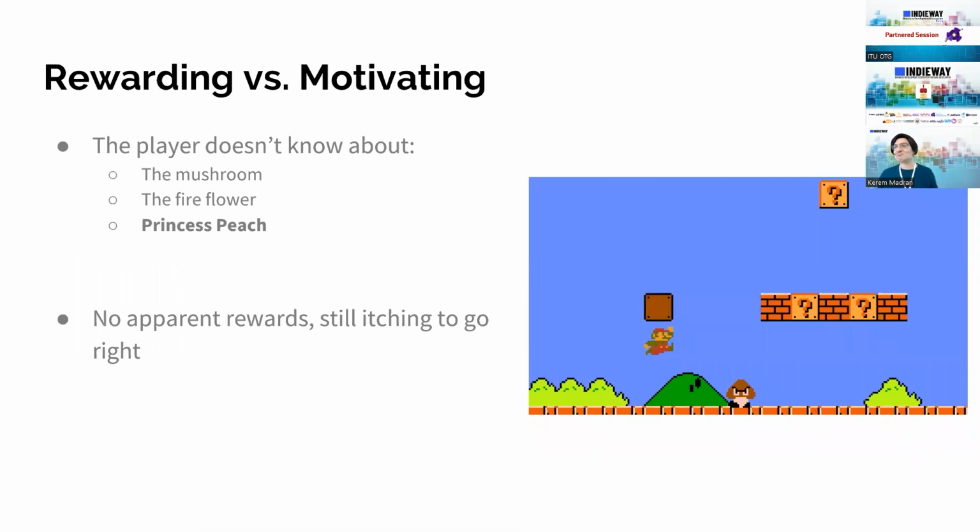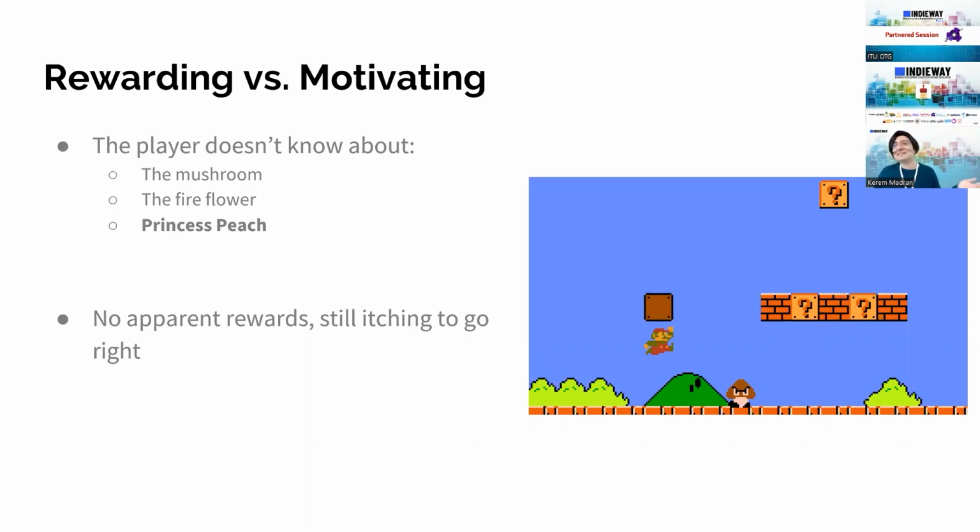Yes, let's start with the motivation of a player and of a person. This is a cliche. When you see this screen, almost everyone knows what to do. There can be some controls, and a player can start playing right away. What I want to draw attention to in this game is that we cannot really talk about a reward that much, because a player does not know about the mushroom that will let Mario grow and does not know anything about the fire flower.